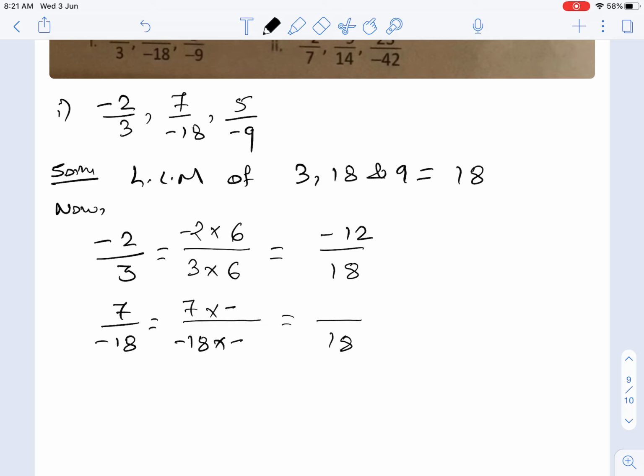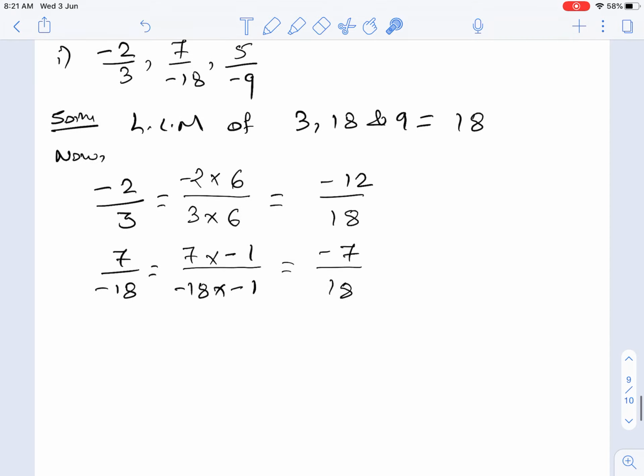The same sign you have to write here. Now in which table is 18 coming? We know that 18 ones are 18, so we will write here 18 into 1. The same number you have to write above. So now your answer will be, plus into minus, so that will be minus, then 7 ones are 7. And the denominator will be minus into minus, plus, 18 ones are 18. This is our second number.